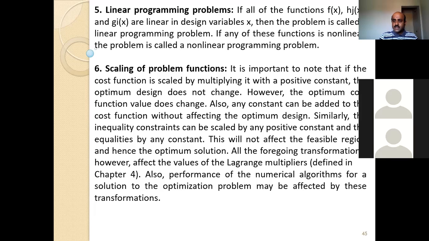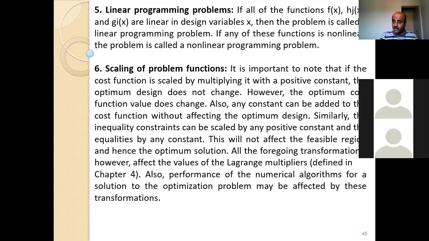Later in the syllabus we are going to discuss how to get the solution for linear programming problems and non-linear programming problems. So be careful and observe what the relationship is, because nobody is going to tell you which is linear and which is non-linear.